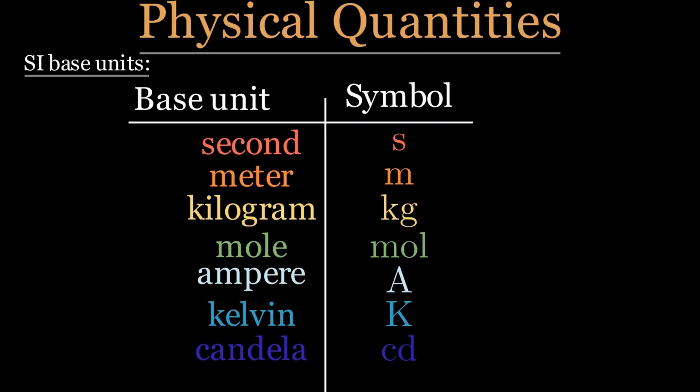Second is a unit of time, and meter is a unit of distance, displacement. Kilogram is the unit of mass. Mole is the unit of the amount of substance. Ampere is the unit of current, Kelvin is a unit of temperature, candela is a unit of luminous intensity. So these are the base units.